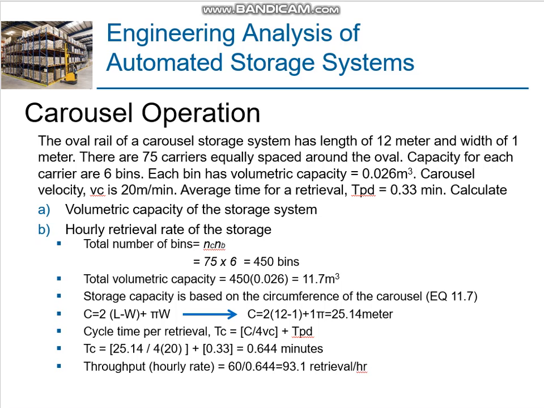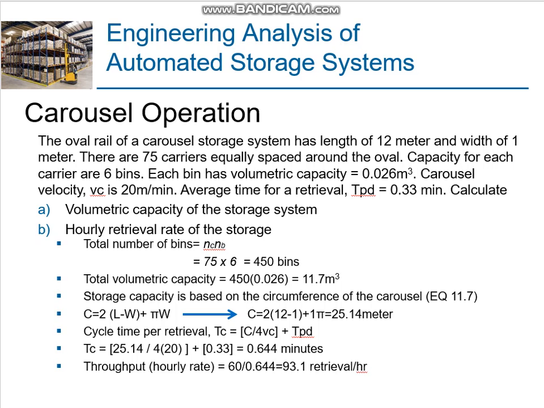C is obtained from the earlier calculation of the storage capacity, 25.14, and VC is the carousel velocity of 20 meters per minute, plus 0.33, which refers to the average time for retrieval, and we can get the answer 0.644 minutes.